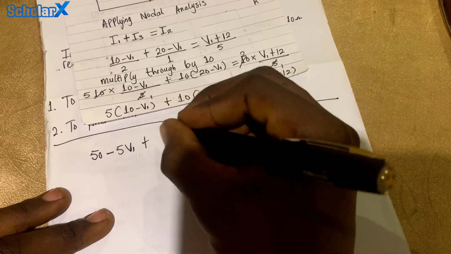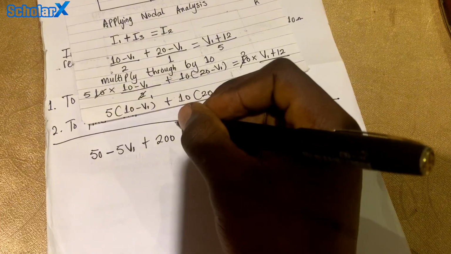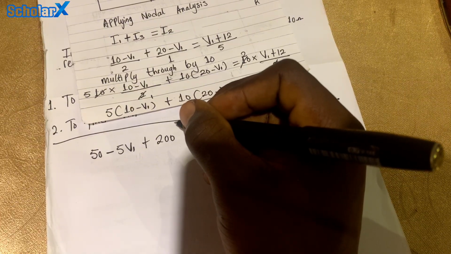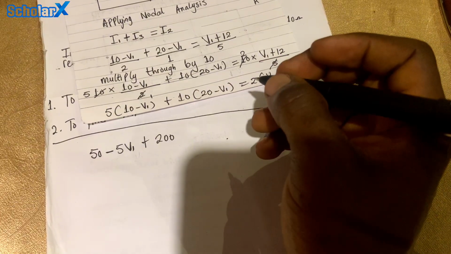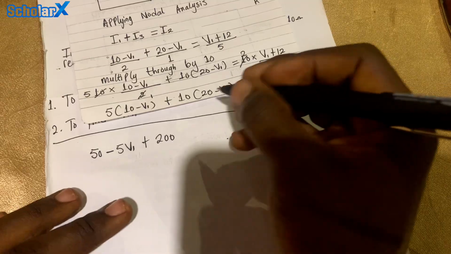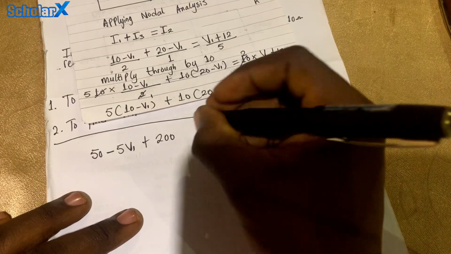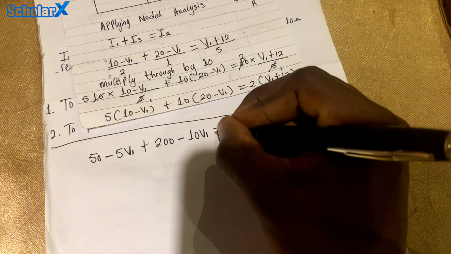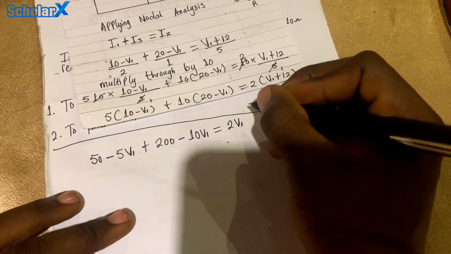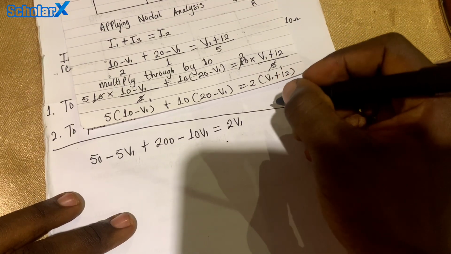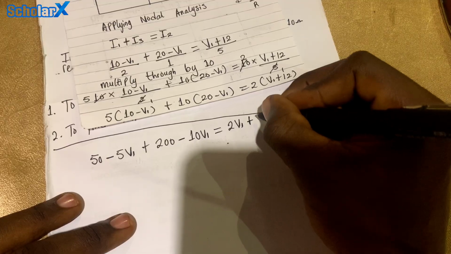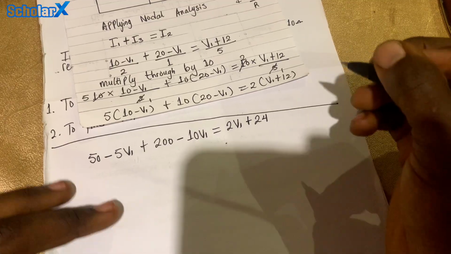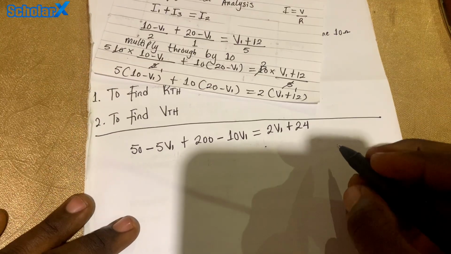Then 10 times 20 gives us 200, and 10 times minus V1 gives us minus 10V1. This is equal to 2V1 plus 24.